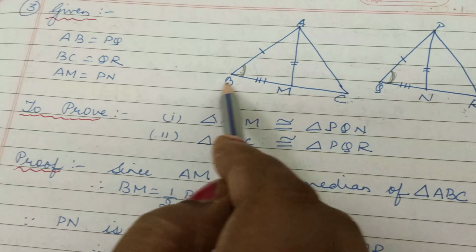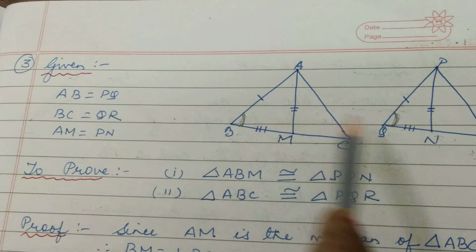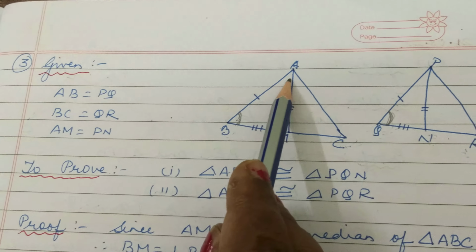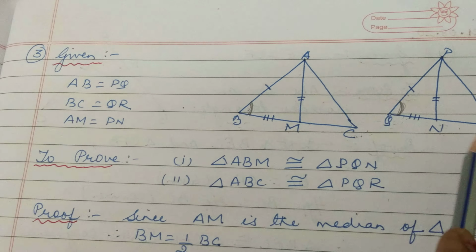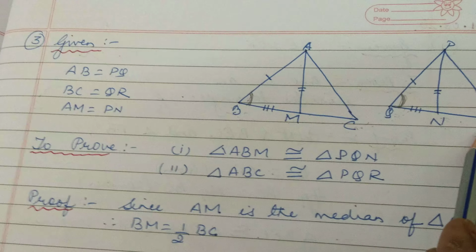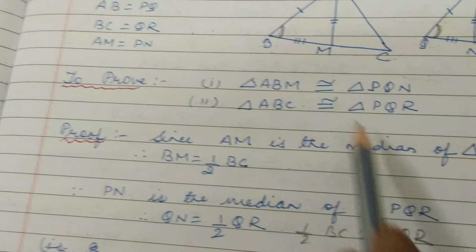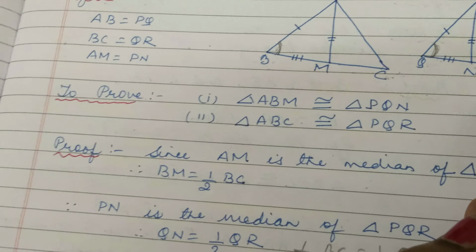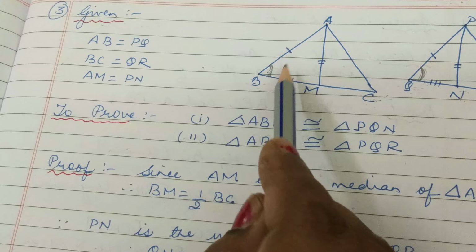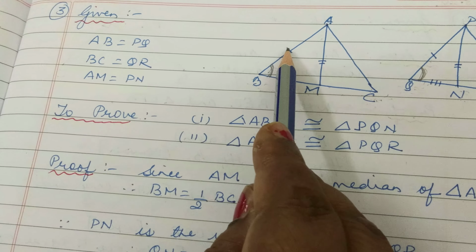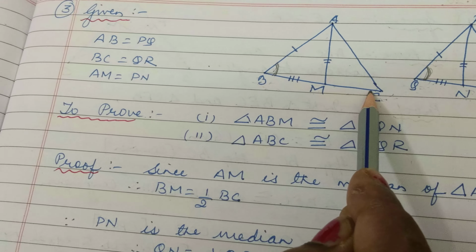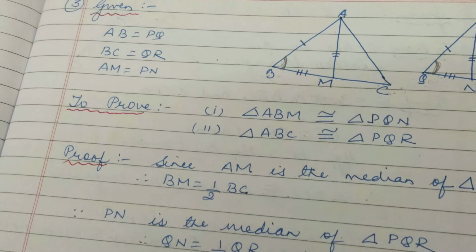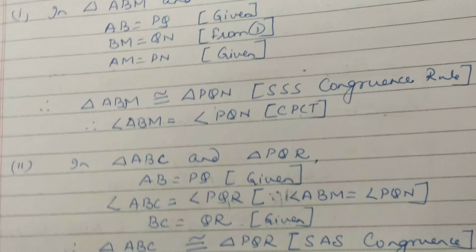So in these triangles, angle ABC equals angle PQR, and BC equals QR, which is given in the question only. Therefore, the two triangles are congruent by SAS congruency rule. Hence, proved.